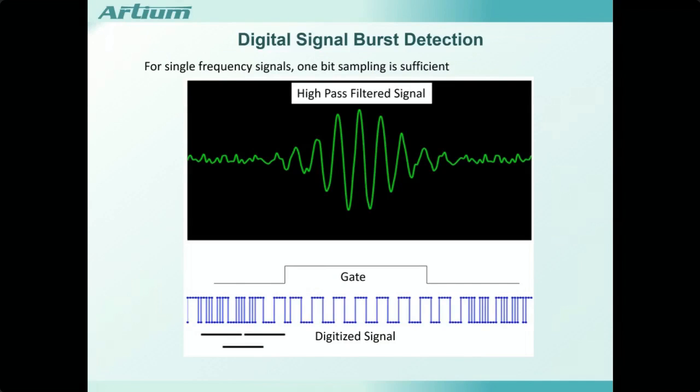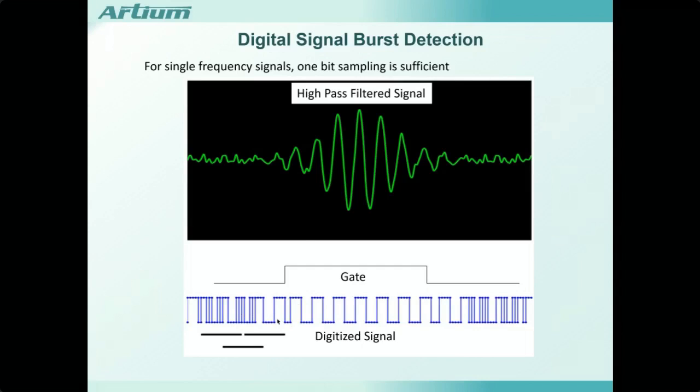So how does it work? Here I'm showing a typical or a reasonable Doppler signal filtered and some background noise. And what we have is an analog to digital 1-bit sampling system. It's sampling the record continuously at a very high rate. And so when there's noise, the sampling shows essentially random structure.